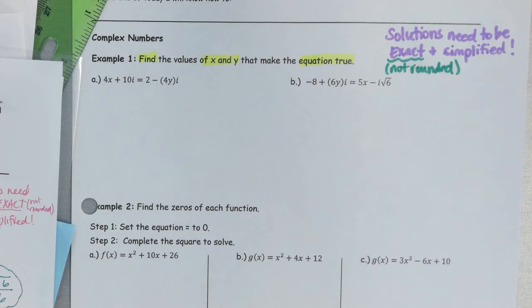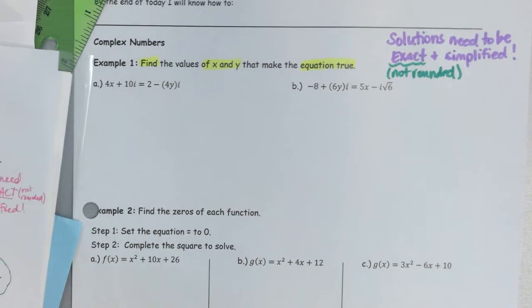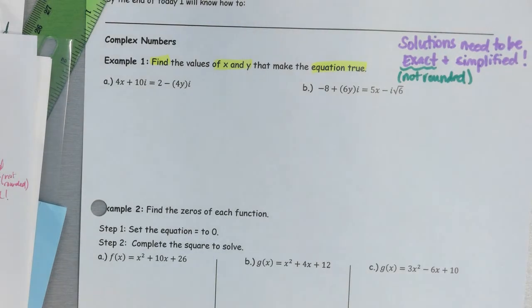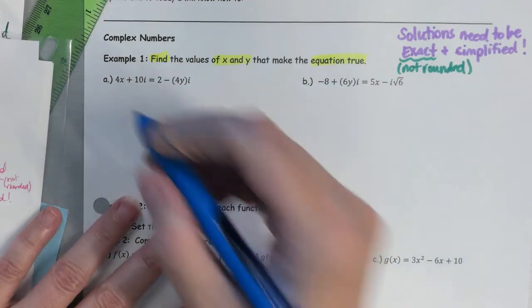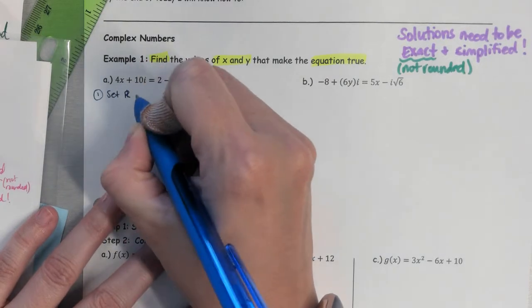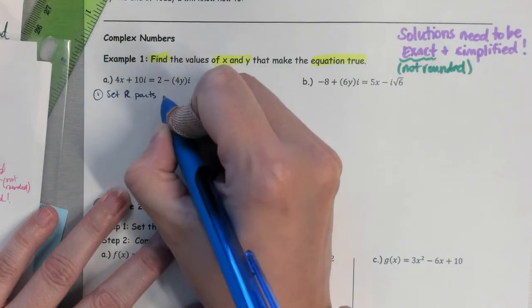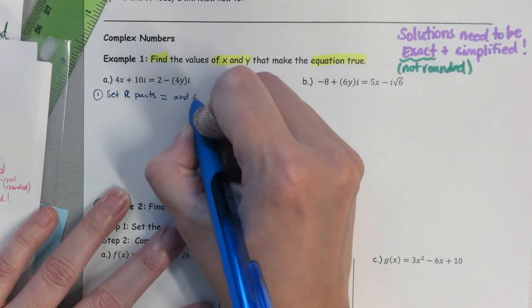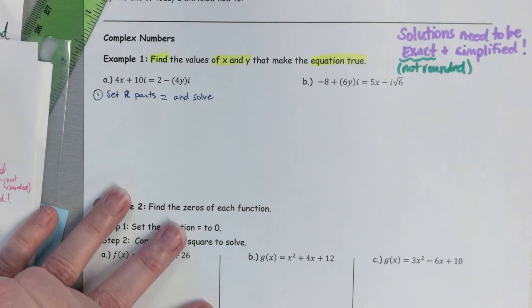Alright, so for part A, we have 4x plus 10i equals 2 minus 4yi. So we have to find the values of x and y that would make this a true statement. All we have to do for this is set the real parts equal to each other and then solve. So set the real parts equal and solve.